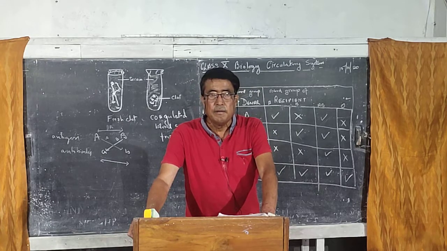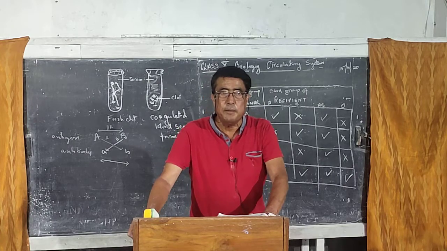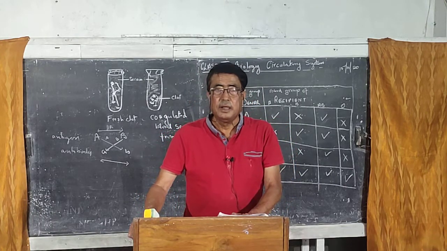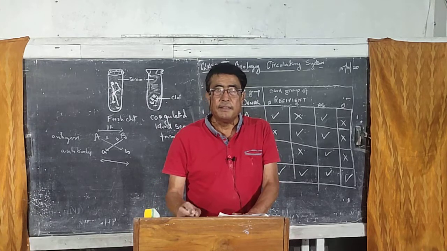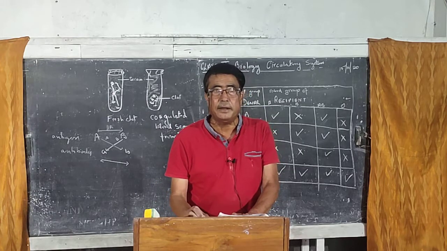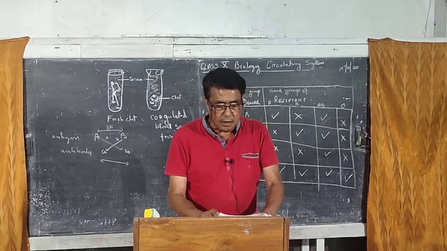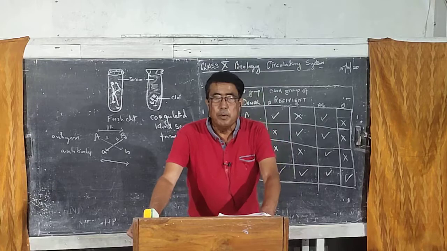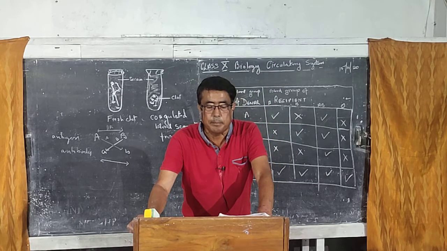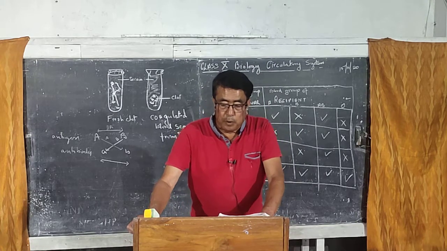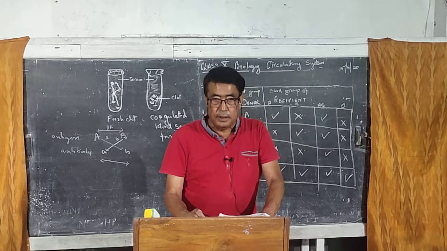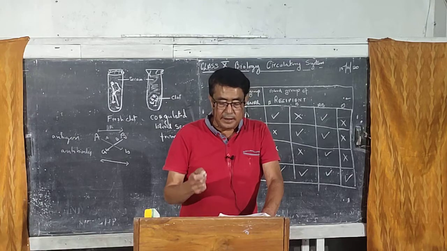Step 1, formation of a very important enzyme called thrombokinase. In the injured portion, the cells and the blood platelets form the thrombokinase. Thrombokinase, second step, converts a substance called prothrombin into thrombin along with the element calcium.